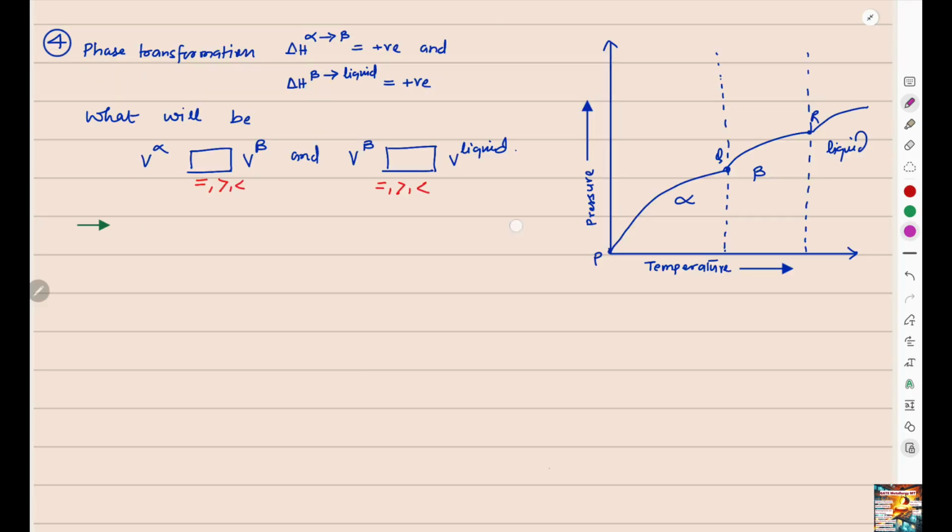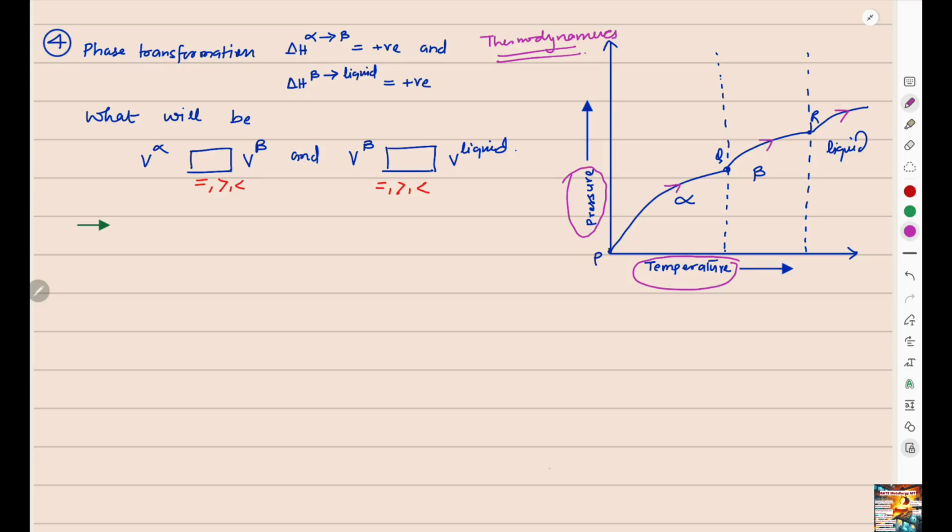This question is from thermodynamics topic and from phase transformation. So the question is like this. In the figure we can see that there is pressure on the y-axis, there is temperature on the x-axis, and now there is a graph for alpha to beta to liquid, and this is the transformation diagram.